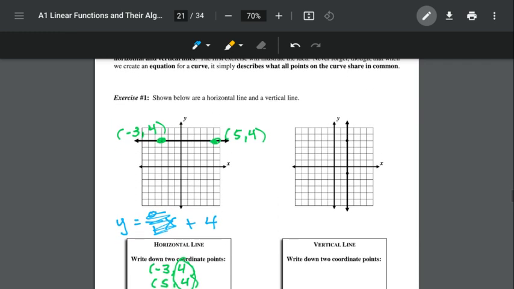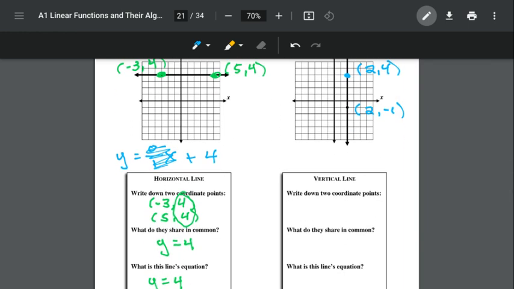Now to do the next one, our vertical line, that is the point 2, 4, and this is the point 2, -1. So write down our points: 2, 4, 2, -1. What do they share in common?